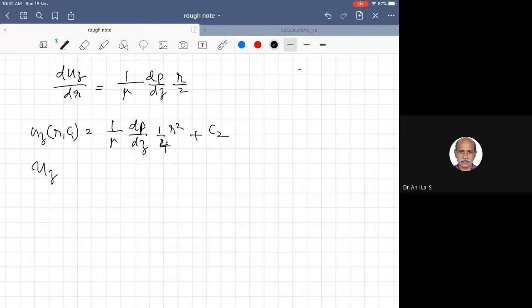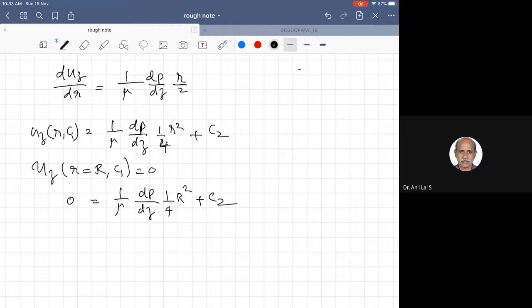So now we have uz at r equal to R, with c1 equal to 0. So 0 is equal to 1 by mu dp by dz into 1 by 4 R squared plus c2. So this gives c2 is equal to minus 1 by 4 mu dp by dz R squared.